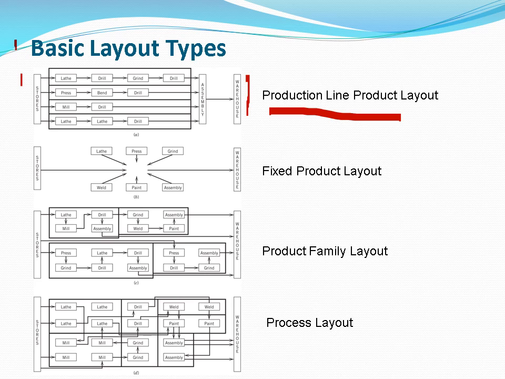There are two types of warehouse. This one is the raw material warehouse, and the other one is a finish goods warehouse.